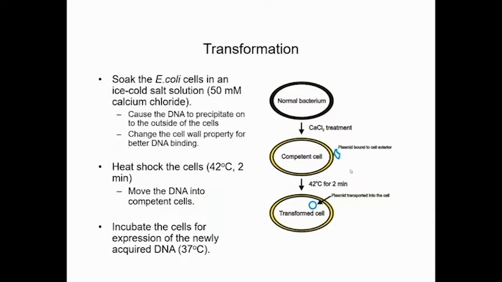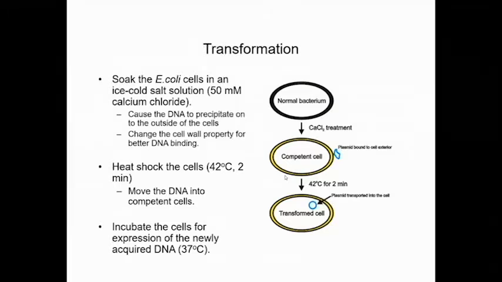Then you apply the heat shock. When you apply the calcium chloride, you induce competence, so that when you apply the heat shock, the DNA will be able to enter the cell. So this process is induced competence and then transformation.